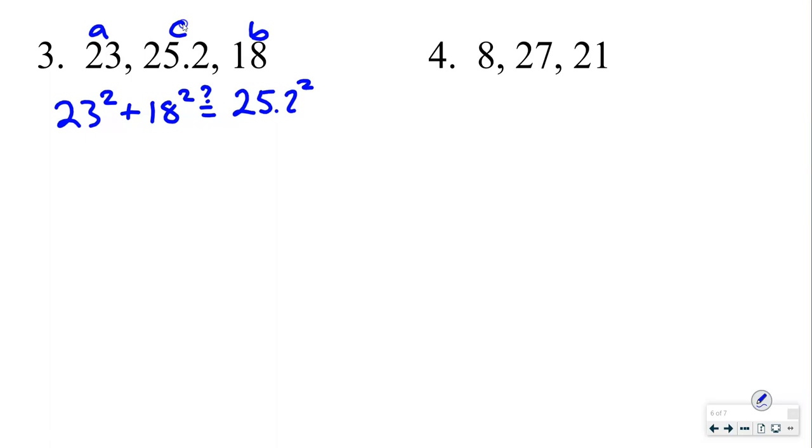So 23 squared is 529. 18 squared is 324. And then 25.2 squared is 635.04.